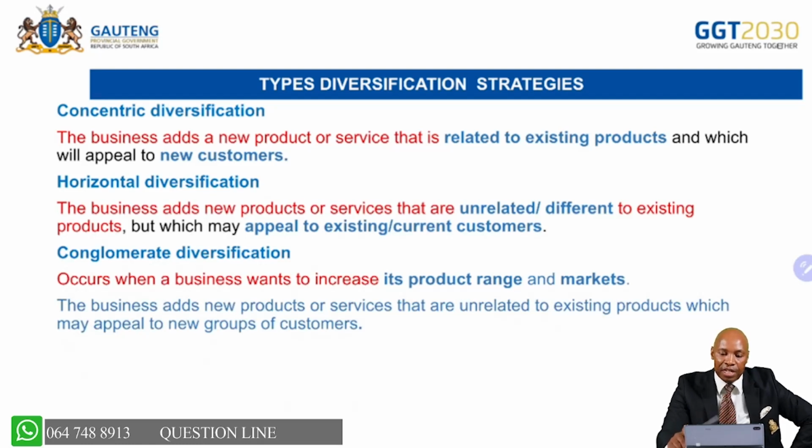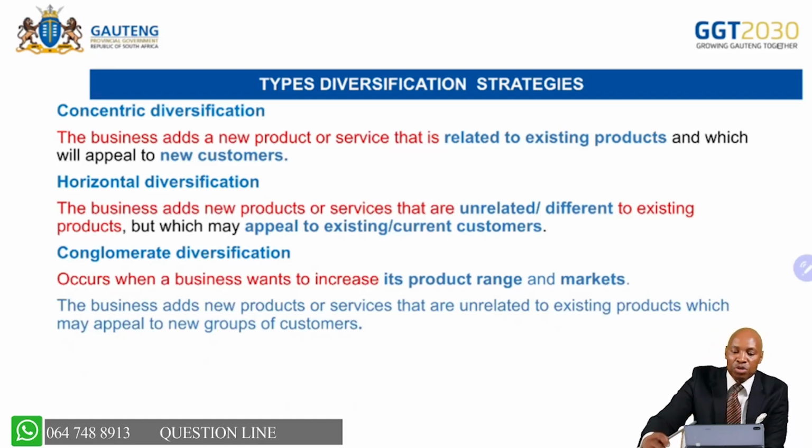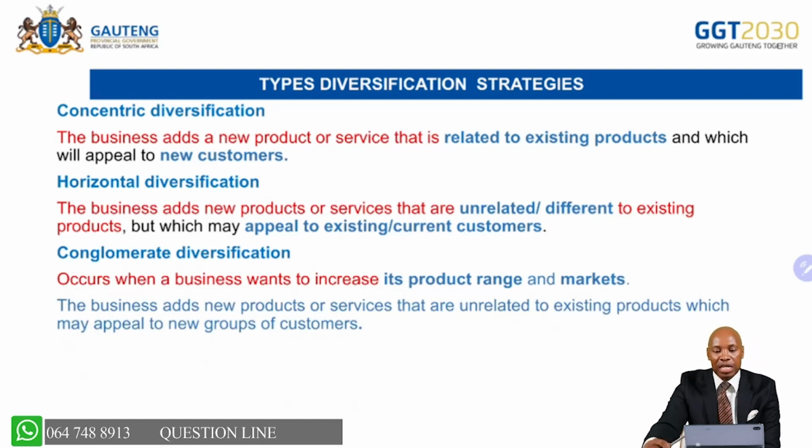And I'm requesting you, please don't sit for an examination if you don't know the types of business strategies, especially your diversification strategy, because we have a tendency of confusing the diversification strategy with the defensive strategy.